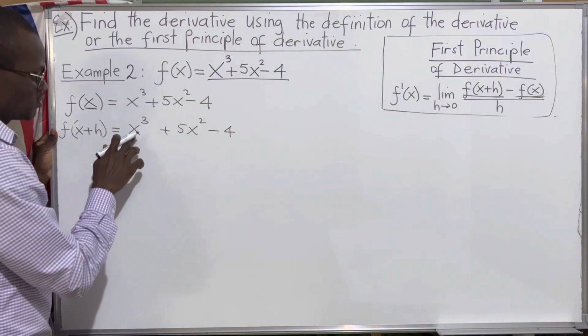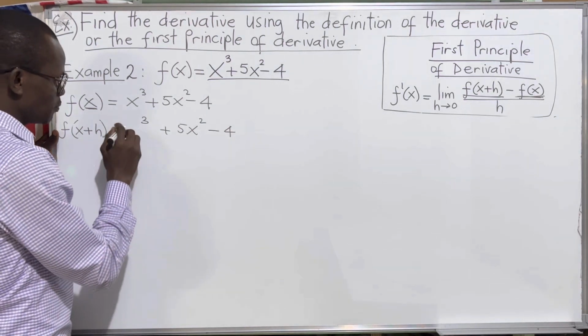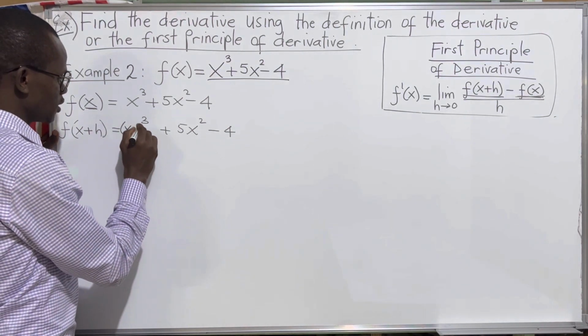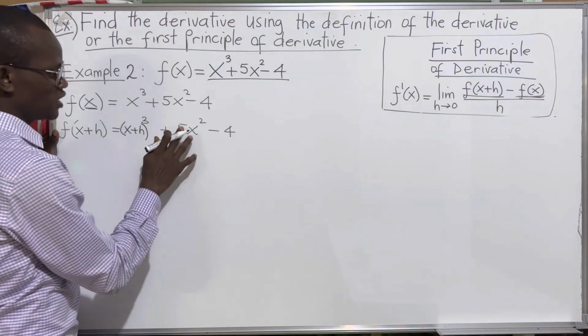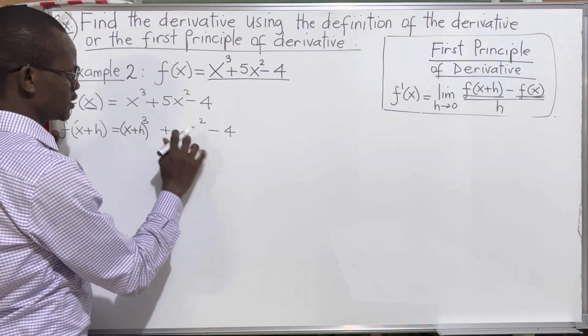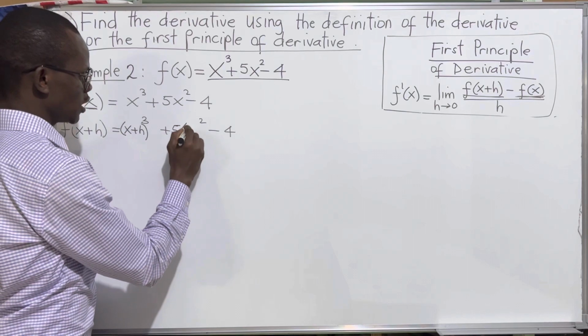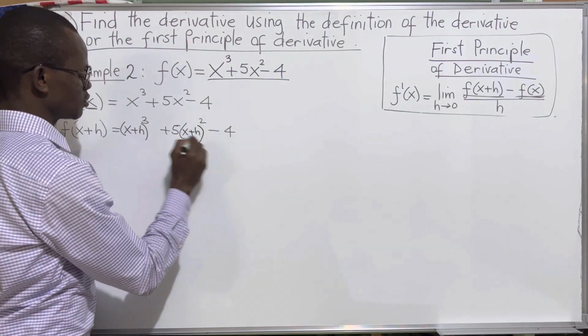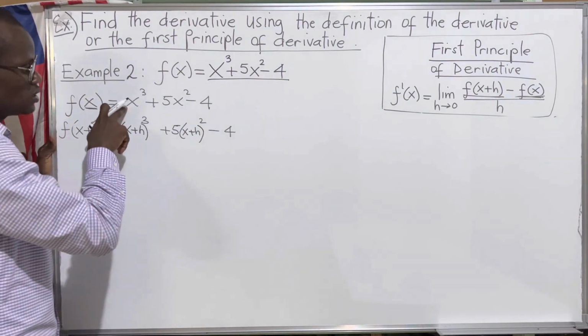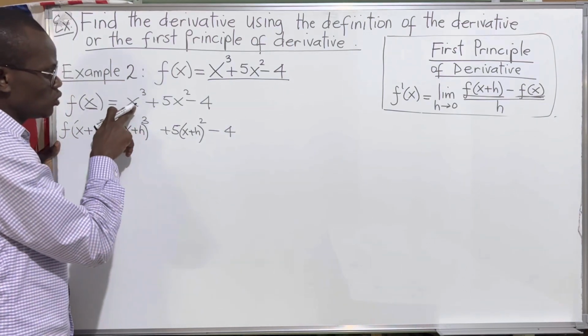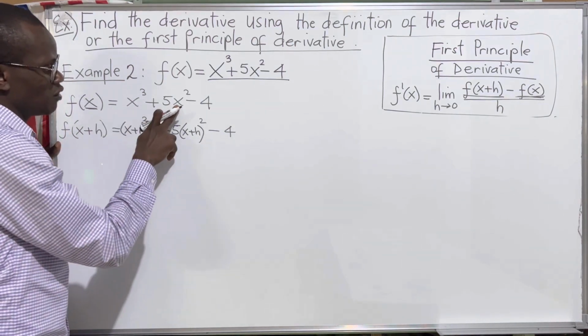Where we see this x, we erase it and put x plus h. And the same thing with this one, we erase it and put x plus h. So you see it? We use the same function, but we only replace x now with x plus h.